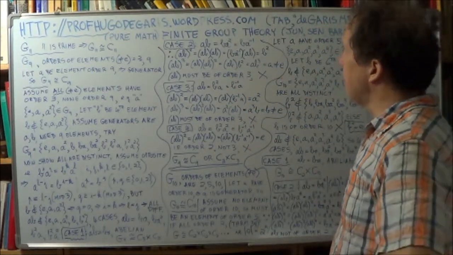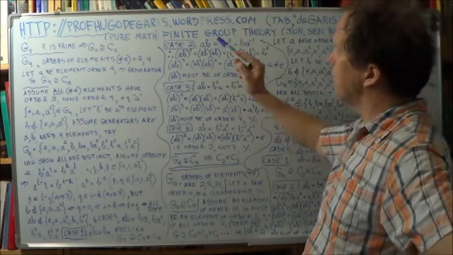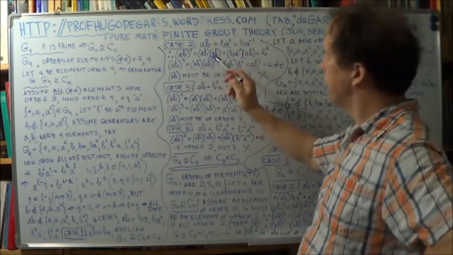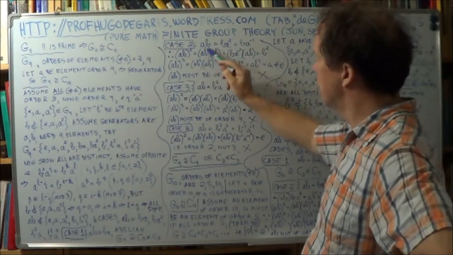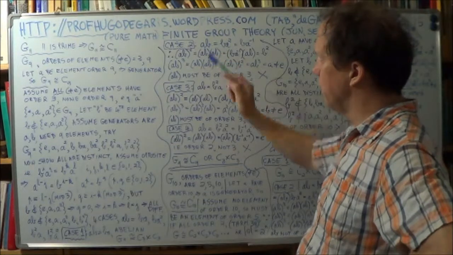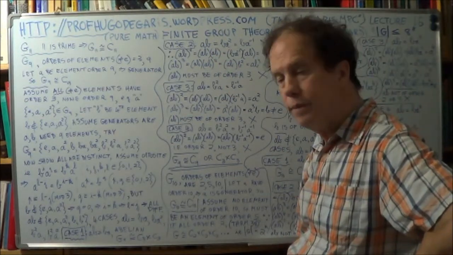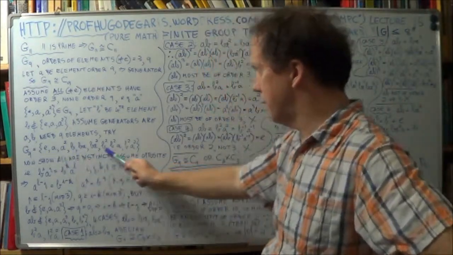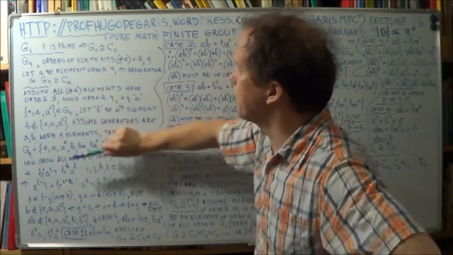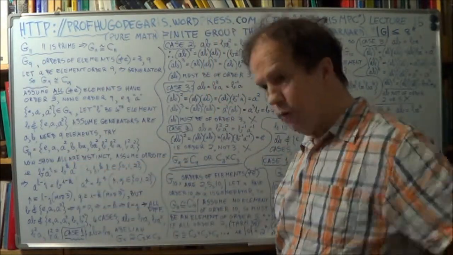So how to do that? We will show that if that's true, then the order of AB is not 3. Now it has to be. All of these in this part of the analysis, except for the unit, of course, are all of order 3.